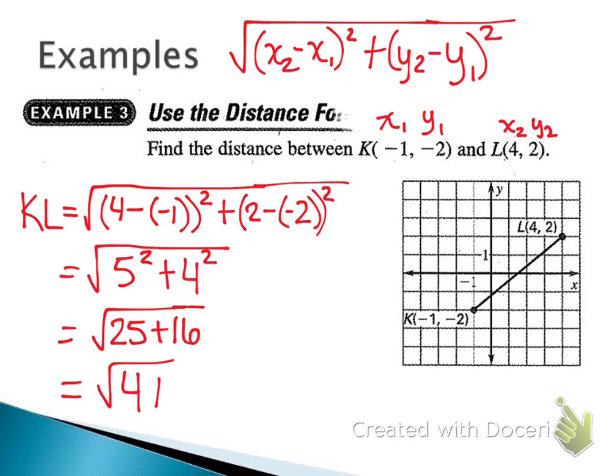Well, the only 2 numbers that multiply to 41 would be 1 and 41. That means it's prime. It cannot be simplified when it's under a radical. So the distance between K and L is the square root of 41. Remember I talked about yesterday, I do not want these as decimals. I don't want them as rounded decimals. We'll leave them as simplified square roots.